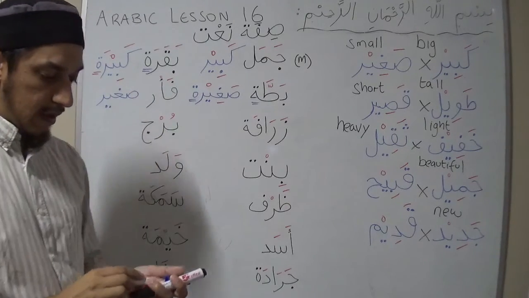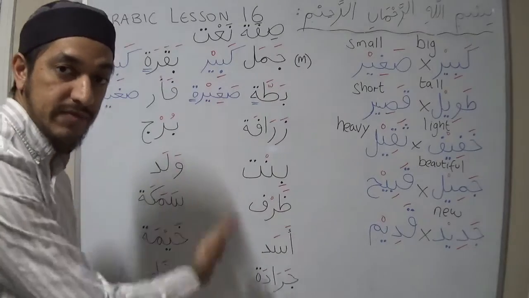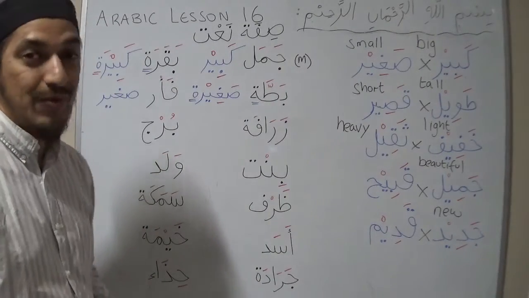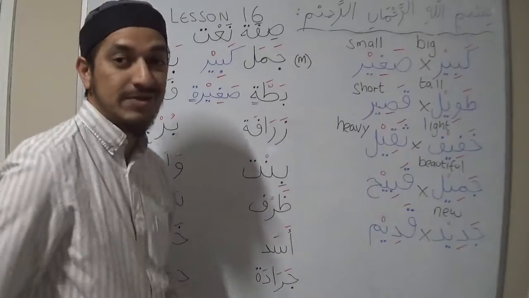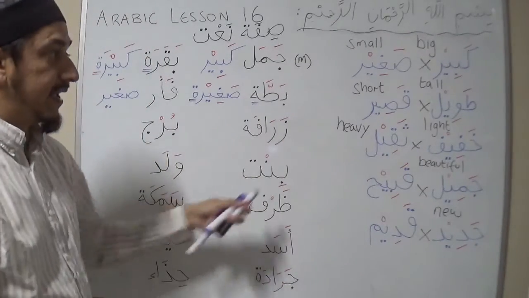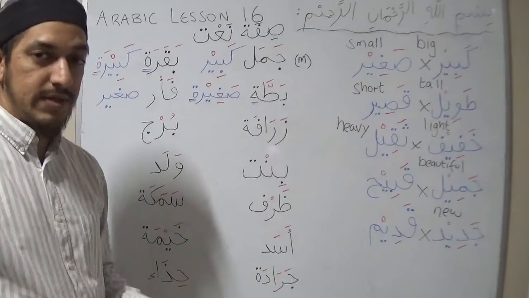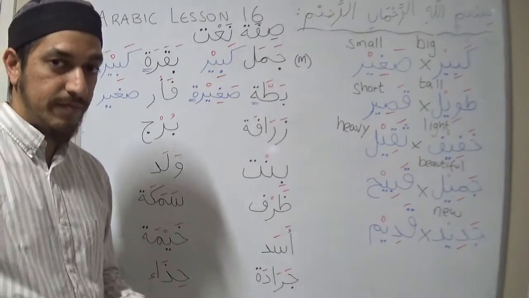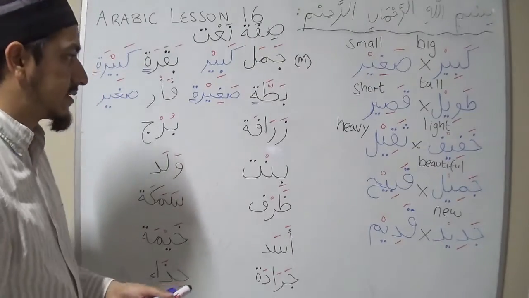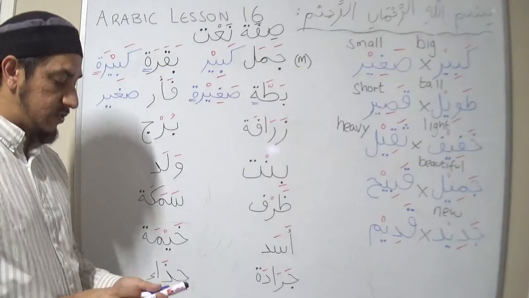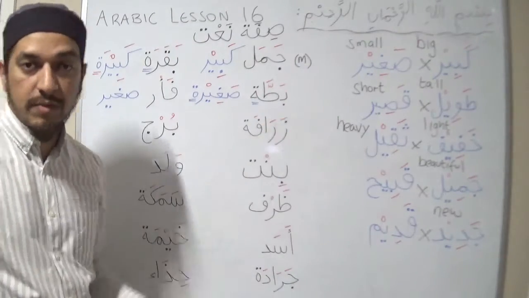So I would say pause the video and attempt the remaining ones. Try with some of these, and put it there if it makes sense. Otherwise, just follow the next ones. So next we have zarafa. Zarafa, you kind of copy from there.